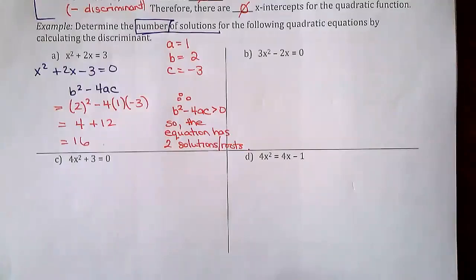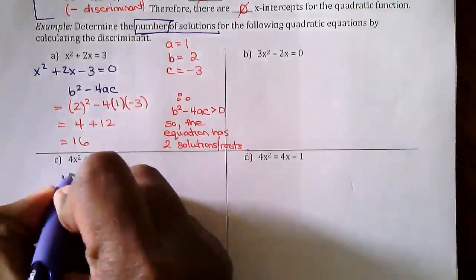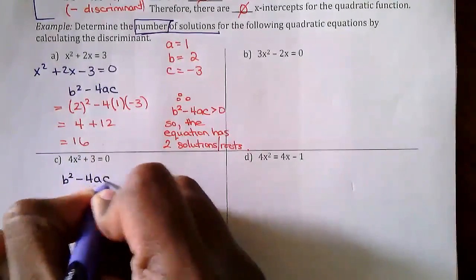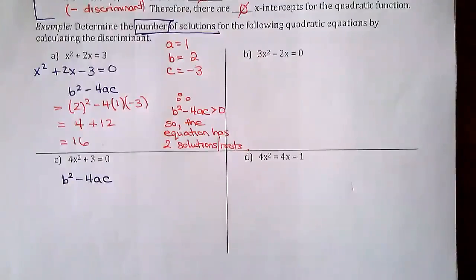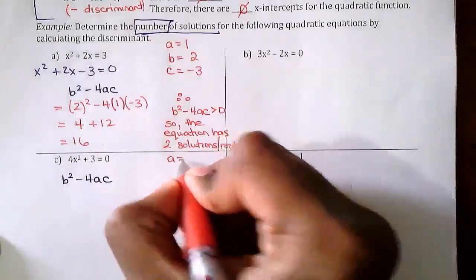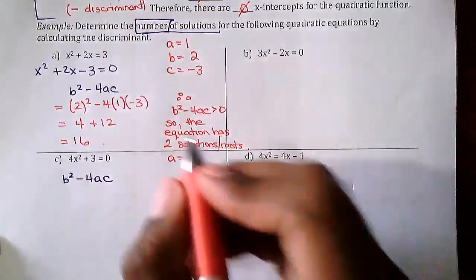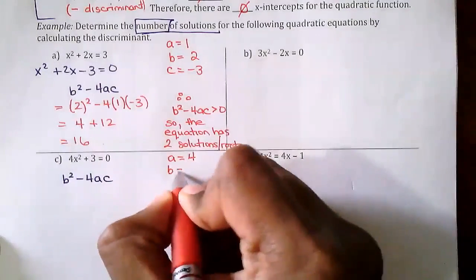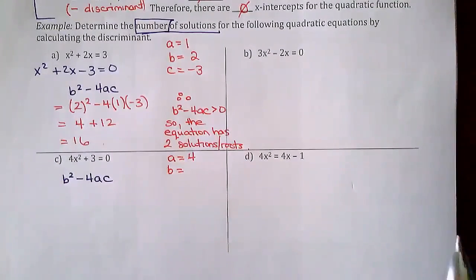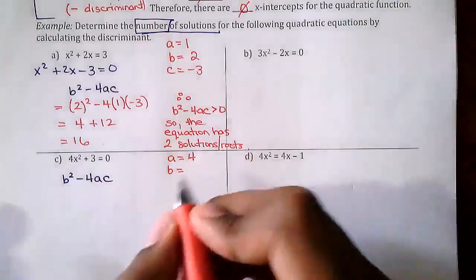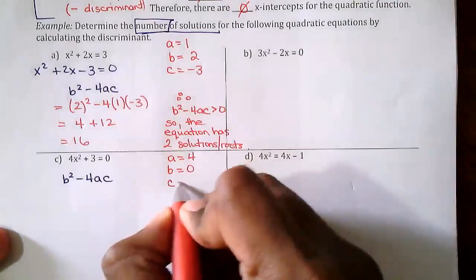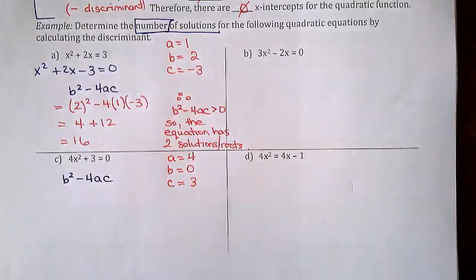So let's start with the discriminant then. b squared minus 4ac. So let's find the a, the b, and the c values first. The a here is the value attached to the x squared, 4. The b, there is no x, so there's no number times x, so the b is 0. And the c is equal to positive 3.